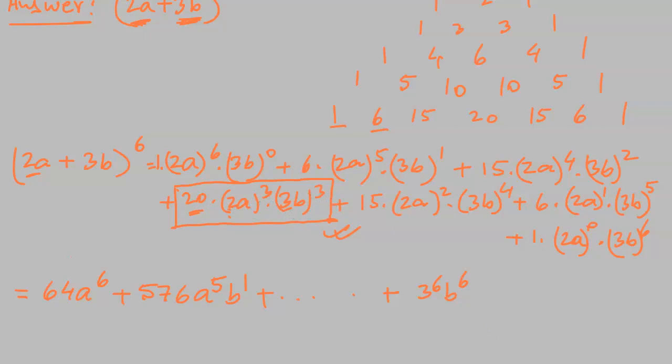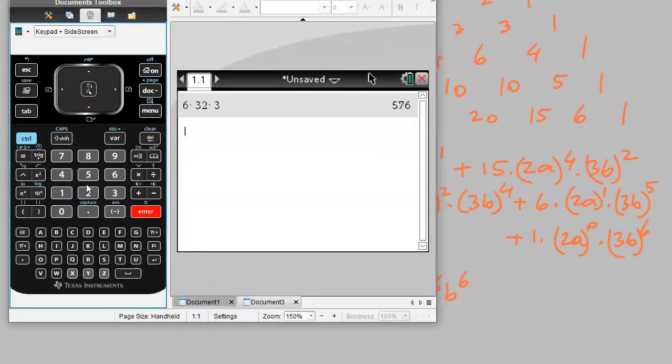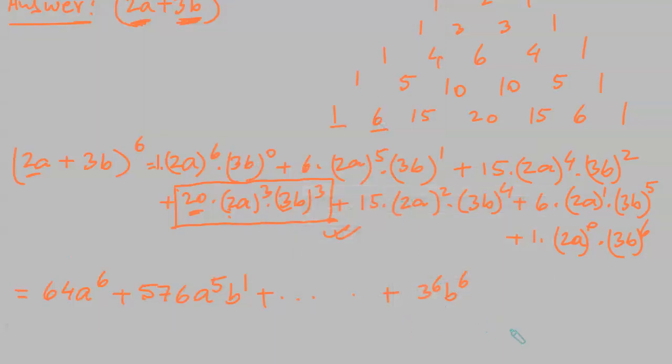Okay. So, 20 times 8 times 27 is equal to 4320. Okay.